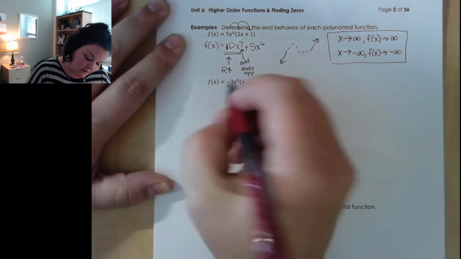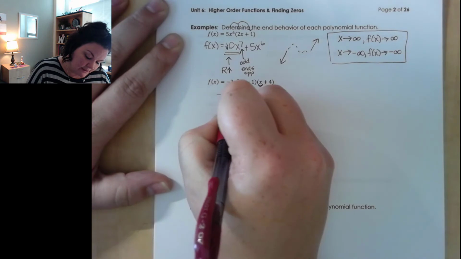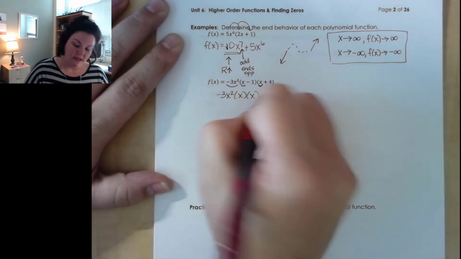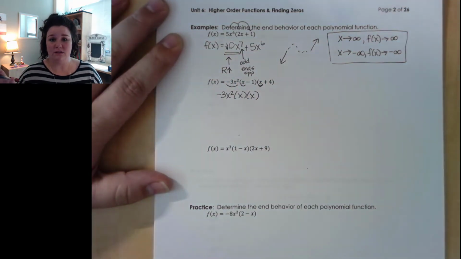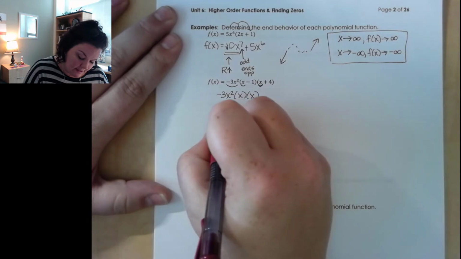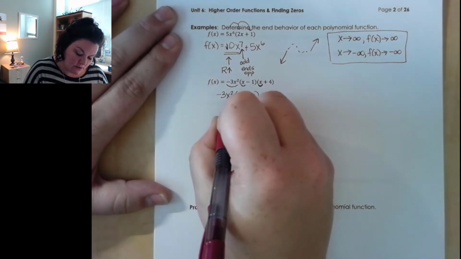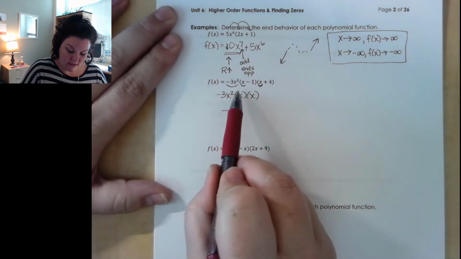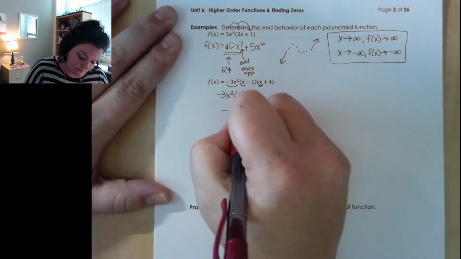So I'm just going to write that down here. I'm just going to look at negative 3x squared times x times x. I don't care about what the rest of it equals because I just want to see that highest degree term. Okay, so when I multiply all this out, I'm going to get negative 3x to the, I add exponents, right? So 2, 3, 4.